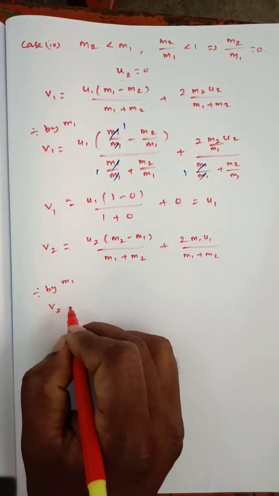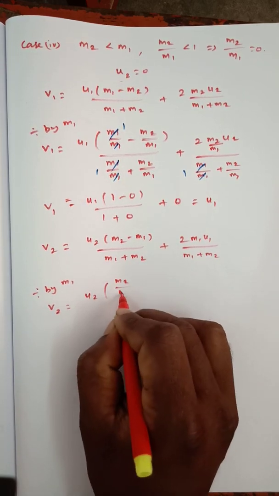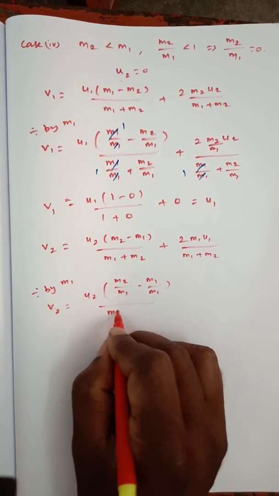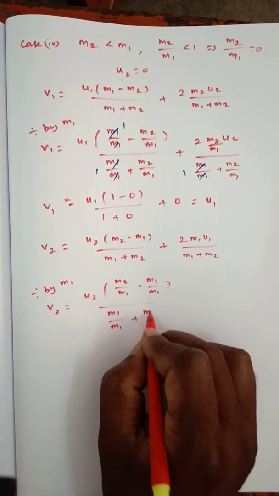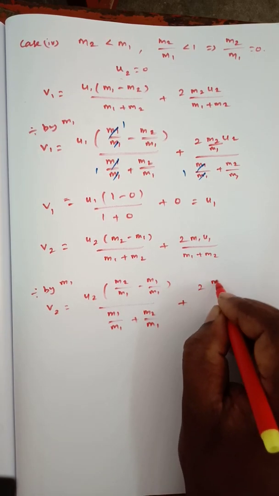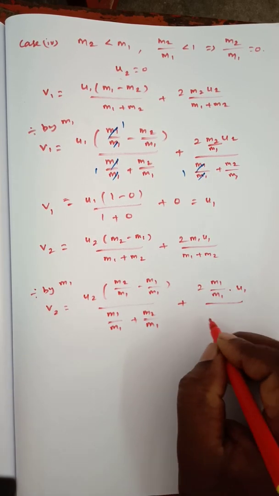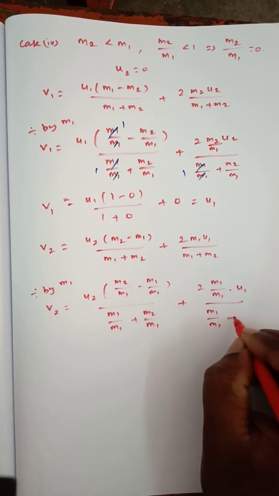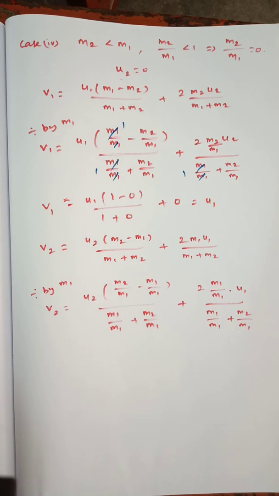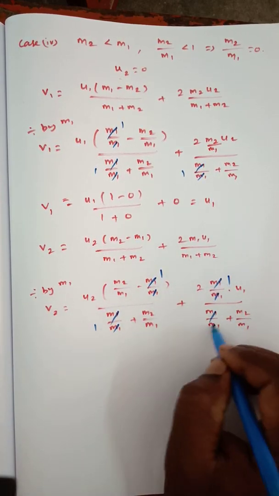So that v2 is equal to u2 into m2 by m1 minus m1 by m1, divided by m1 by m1 plus m2 by m1, plus 2 into m1 by m1 into u1, divided by m1 by m1 plus m2 by m1. Okay. For the cancellation, this is 1, this is 1, this is 1, this is 1.